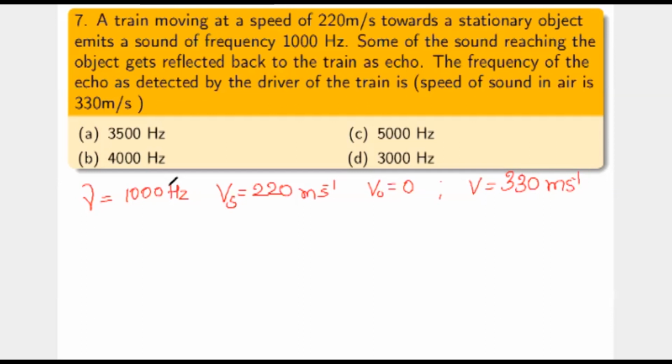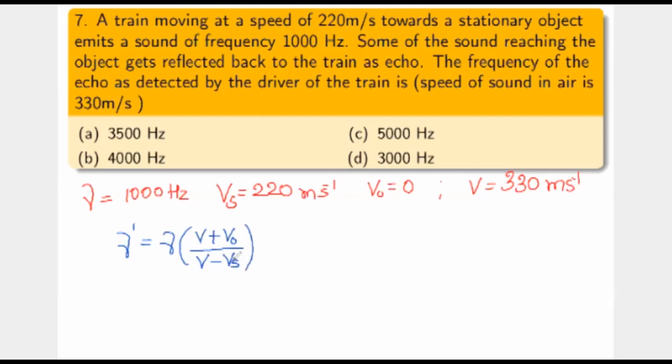For him, there is an apparent source of sound which is producing sound, and the sound is reaching the loco pilot. We have the general formula for apparent frequency as nu prime equals nu into velocity of sound, for this case, v plus velocity of observer divided by v minus velocity of source.